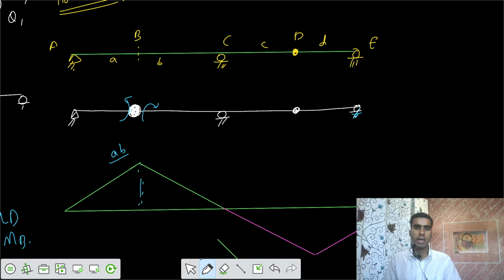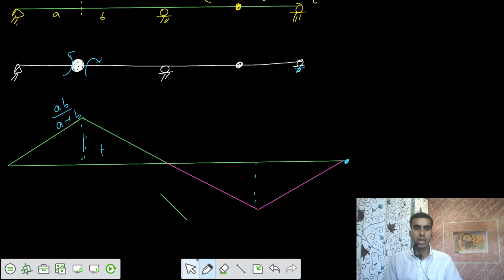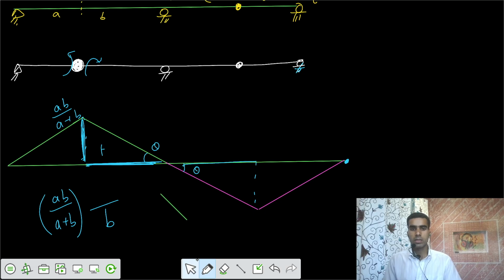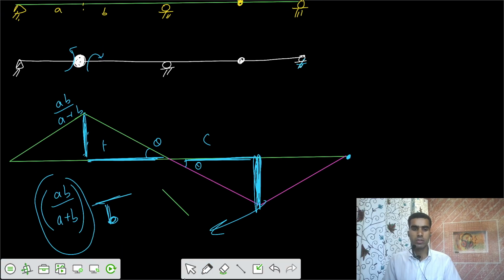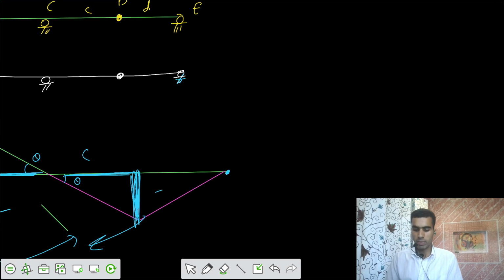This value would be equal to AB by L. This is positive, and by similar triangles, AB by L is per unit length of B. Because theta is the same, this ordinate would be equal to this one for the length of B, but I need it for the length of C, so you have to multiply by C also, and you get this ordinate here. This one is negative, the top one is positive. So you got the ILD for moment at B.